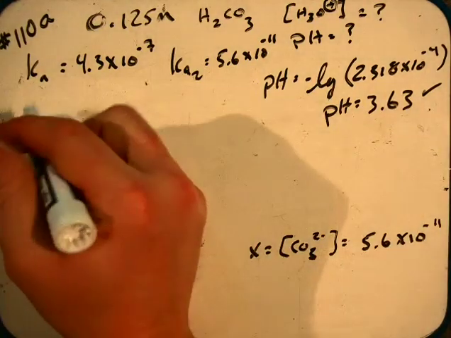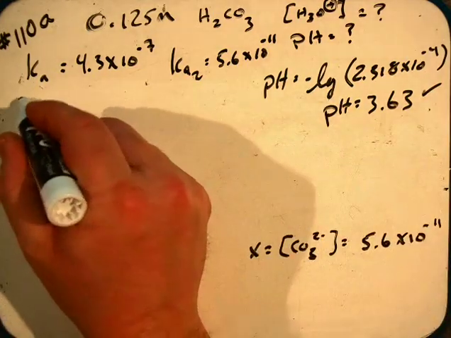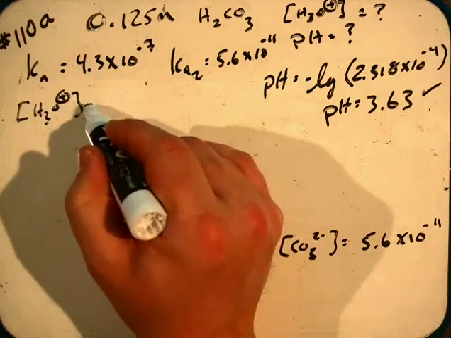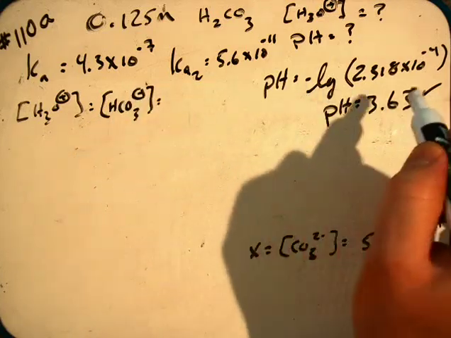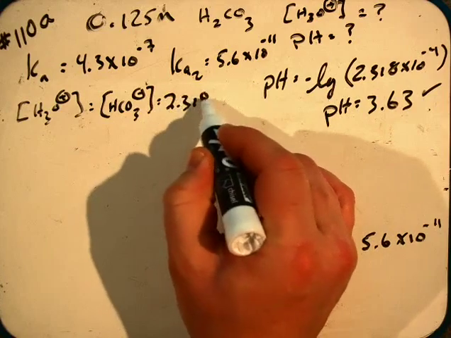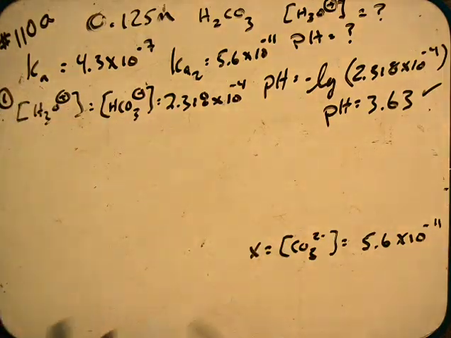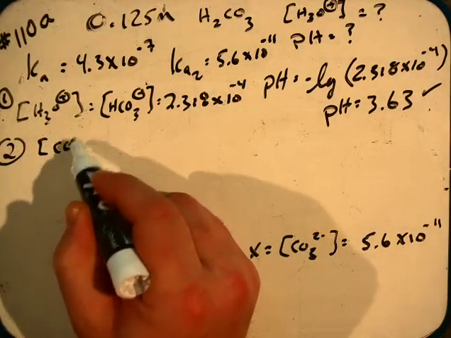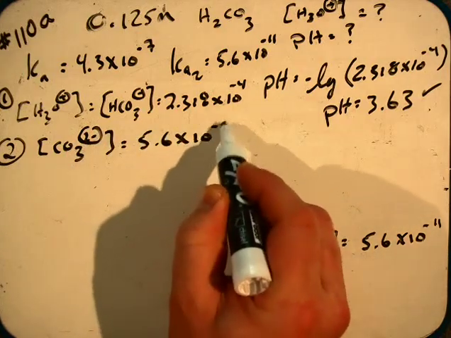We figured out that from the first step, our H3O+ concentration, which was equal to our bicarbonate concentration, was equal to that 2.318 times 10 to the negative 4th. Let's see how that's changed with the second step. From the second step, we found that the concentration of carbonate was equal to 5.6 times 10 to the negative 11th.